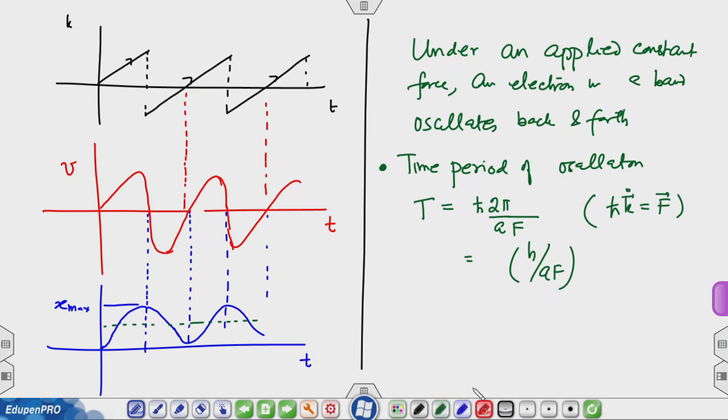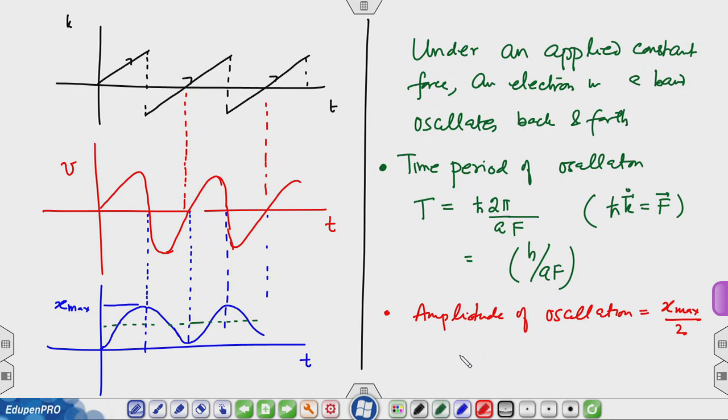The amplitude of oscillation is going to be equal to x max by 2, and this you can very easily show by energy considerations. Force times distance is the work done, and that should be the maximum energy possible that is allowed.